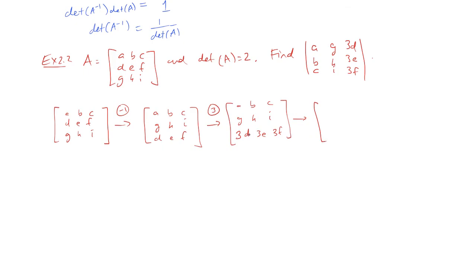And then to get to this last form here, we're going to transpose. And when we transpose a matrix, its determinant is unchanged. So no change. Just write no change here.